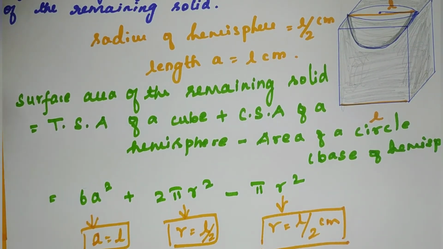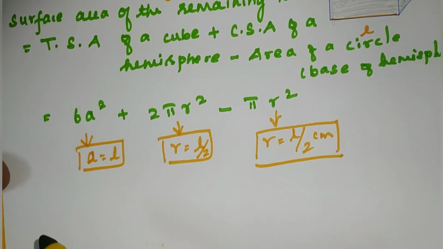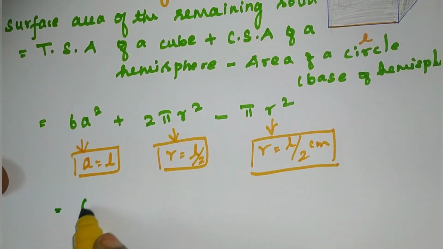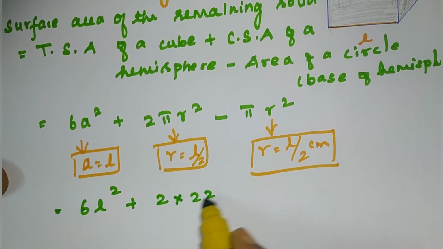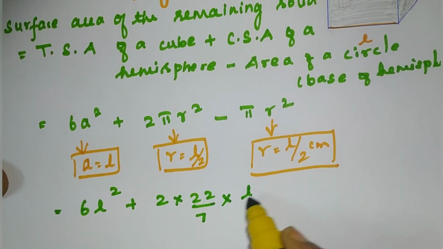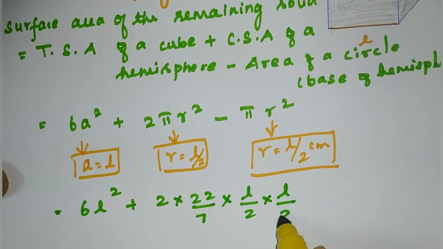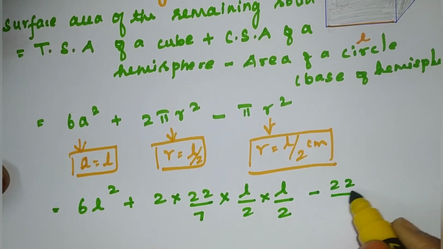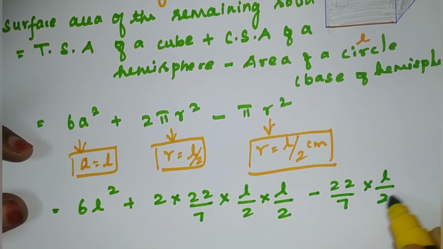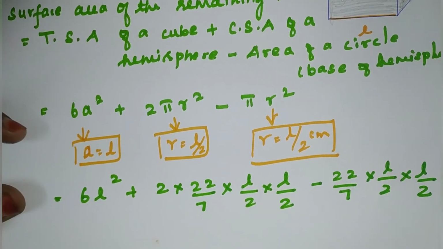Now you have to substitute: 6L square plus 2 into 22 by 7 into L by 2 into L by 2, minus 22 by 7 into L by 2 into L by 2.